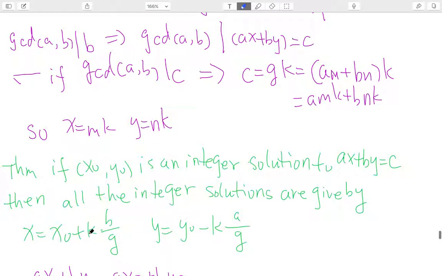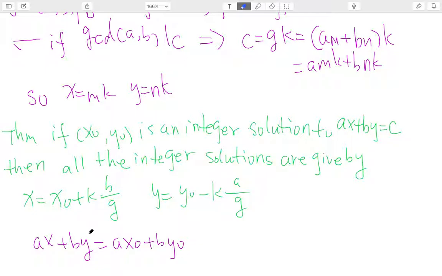Okay, now we know the condition for such an equation to have solutions, and the next step is to find all the solutions of the equation, and it is given by the following theorem.